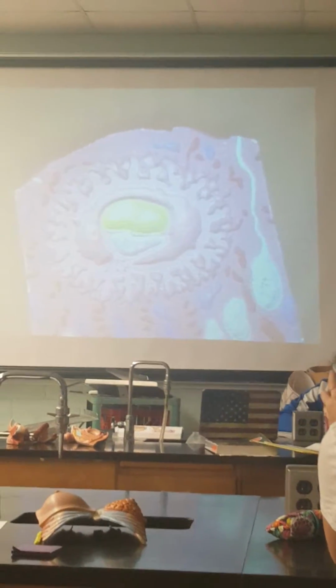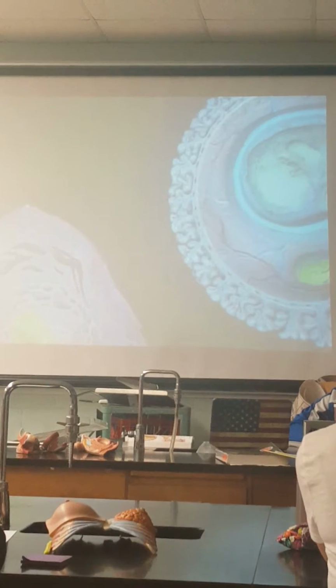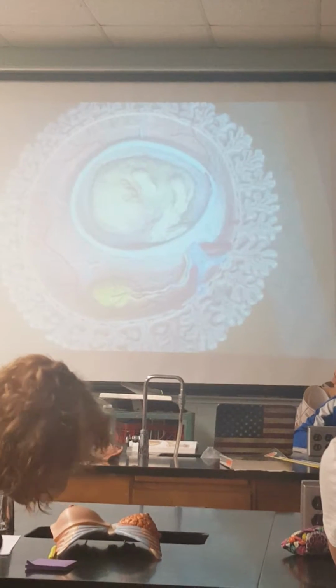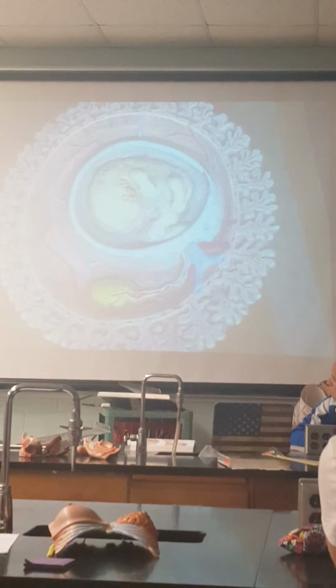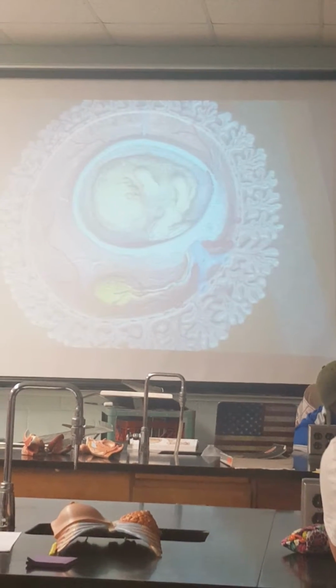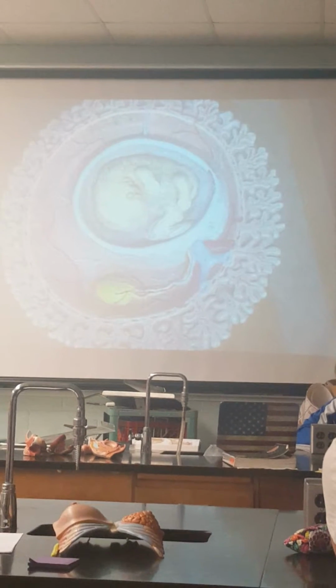Okay. Now let's take this up a bit further. So now we have something that looks a bit more like a baby. In this view, this is 6 weeks. At this point, at least in this model, we're only looking at fetal tissue.